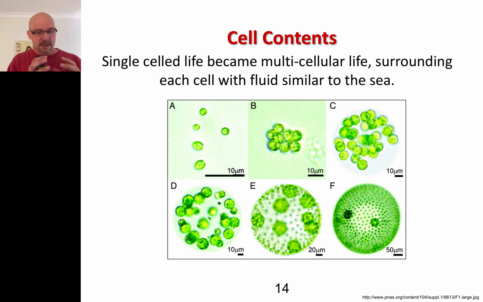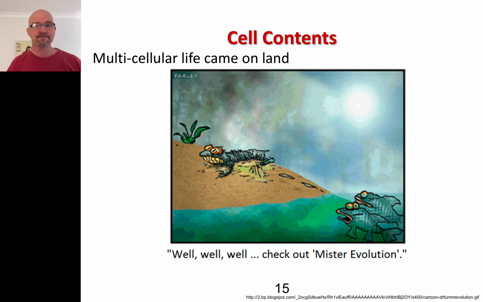So as single-celled life started to become multicellular life, they started to create bodies made up of cells. And in between the cells, the interstitial fluid, that fluid between the cells, was again very similar to the fluid that's in the ocean. So the insides of the liposomes that have become cells is ocean-like, and the space between the cells in multicellular organisms is very ocean-like as well.